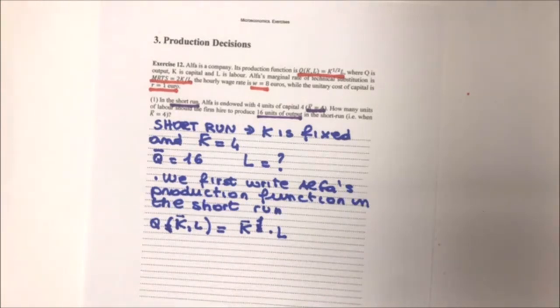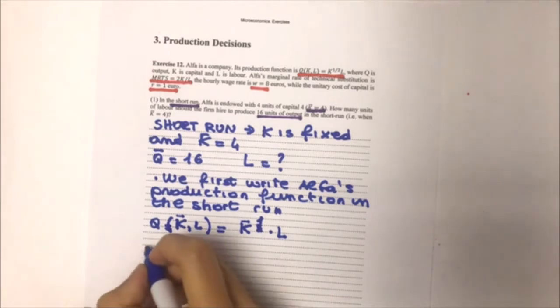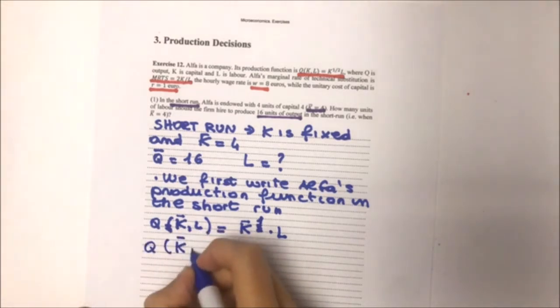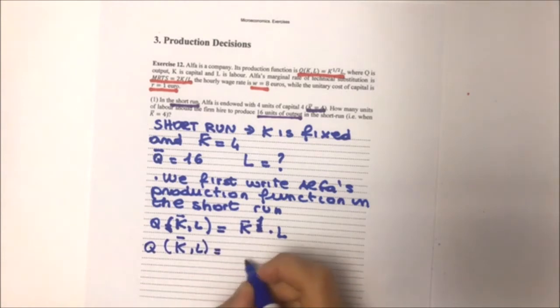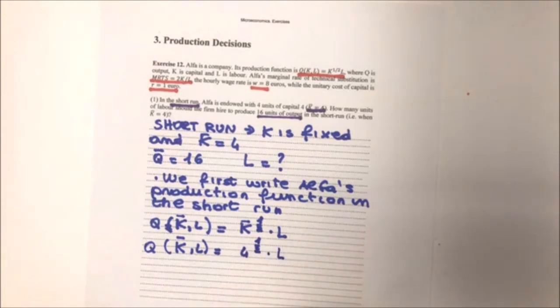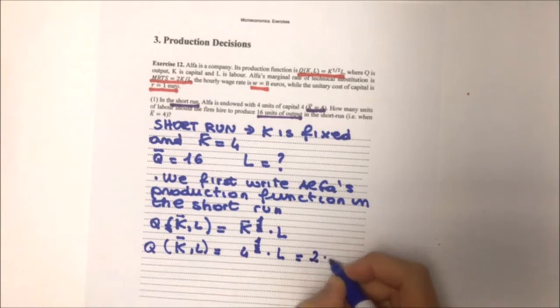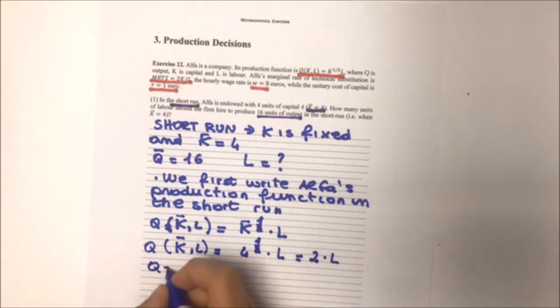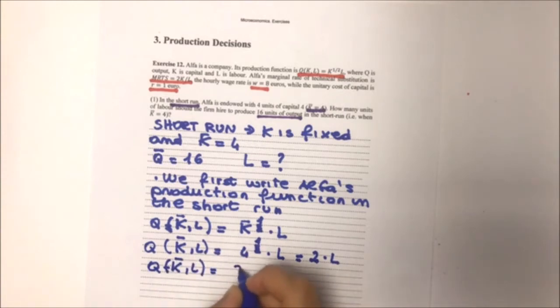So Q of K and L equals K bar to the power of 1/2 times L. We can substitute the information on K we are given, that is 4 to the power of 1/2 times L. 4 to the power of 1/2 is equal to 2, so 2L. So the production function is Q equal to 2L.